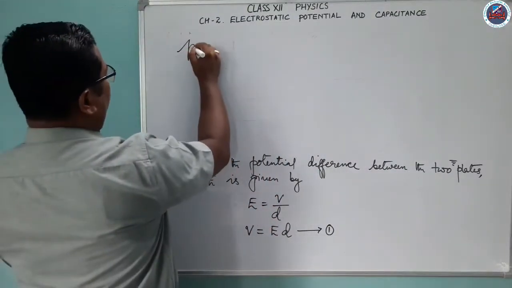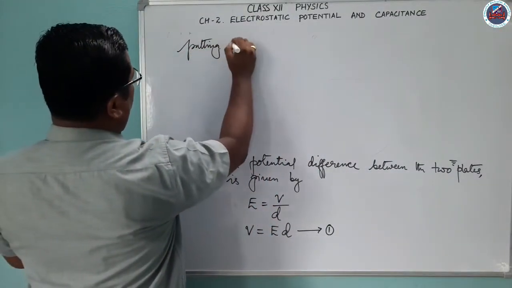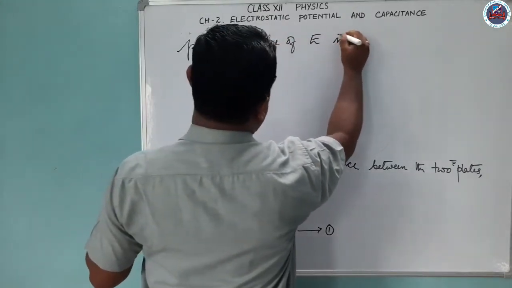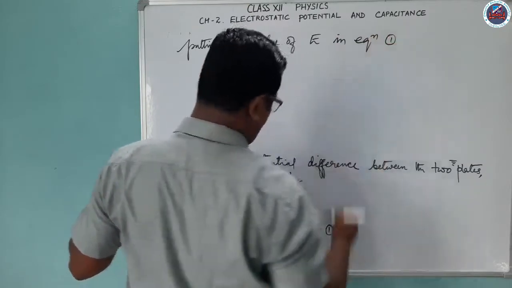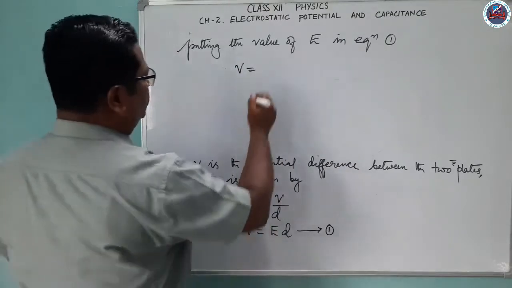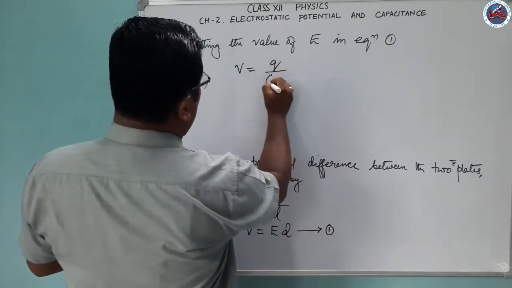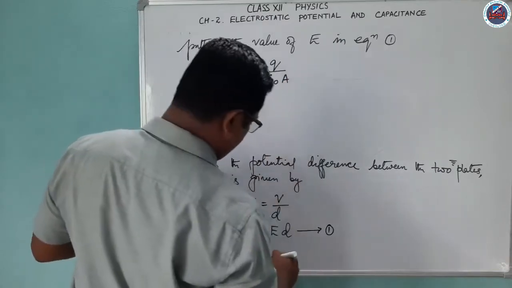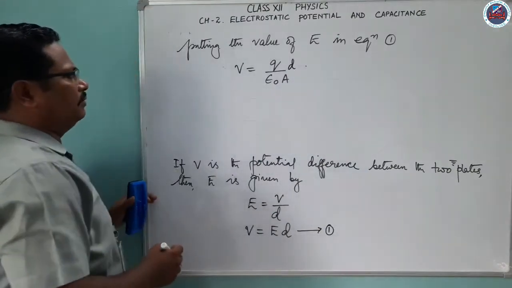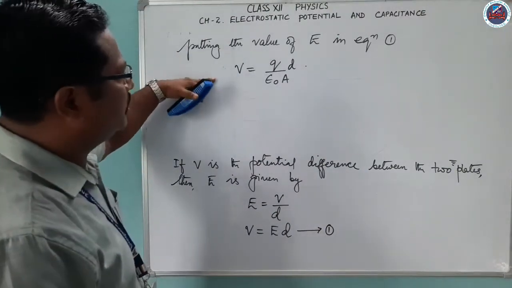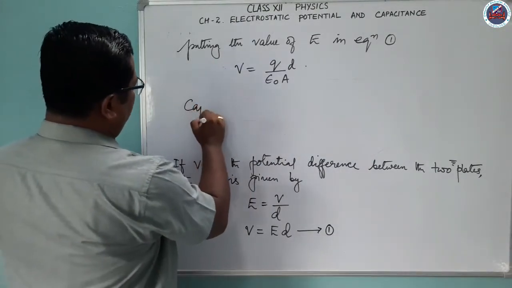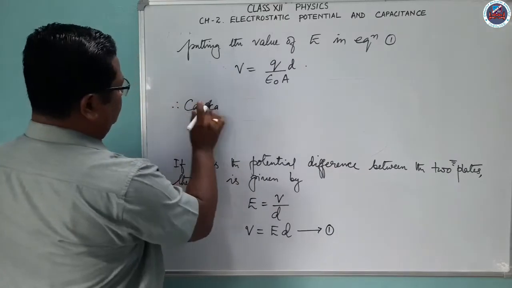Putting the value of E in equation 1, V is equal to Q divided by epsilon naught A into D. After finding the potential difference between the two plates, you can find the capacitance of the capacitor.